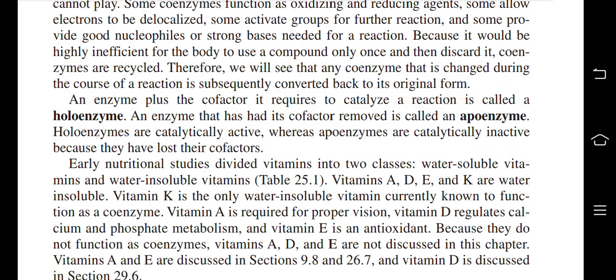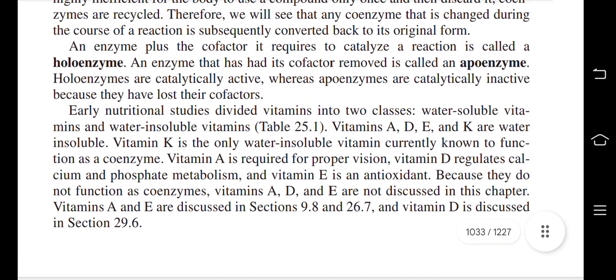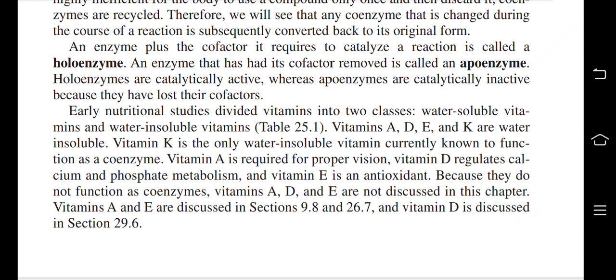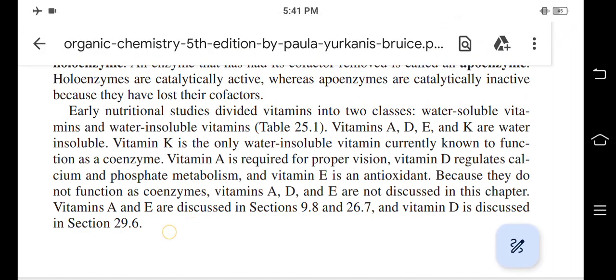Early nutritional studies divided vitamins into two classes: water soluble vitamins and water insoluble vitamins. Vitamins A, D, E, and K are water insoluble. Vitamin K is the only water insoluble vitamin currently known to function as a coenzyme. Vitamin A is required for proper vision.